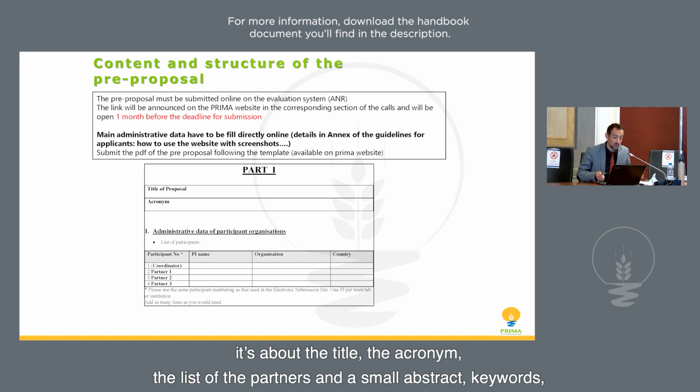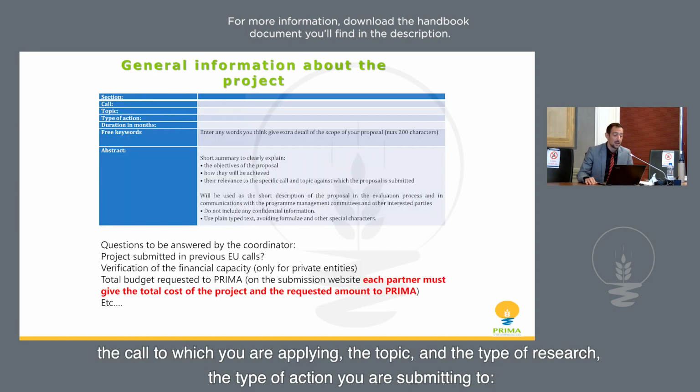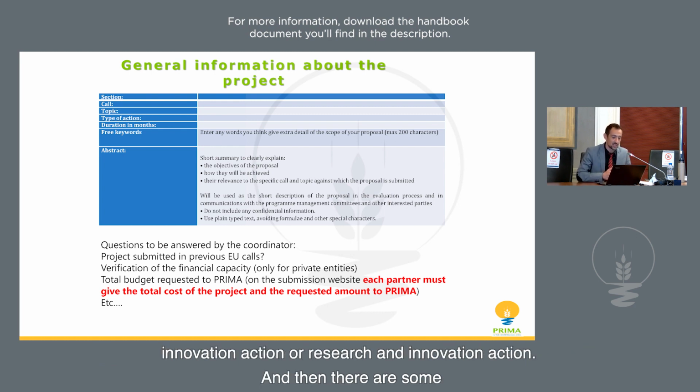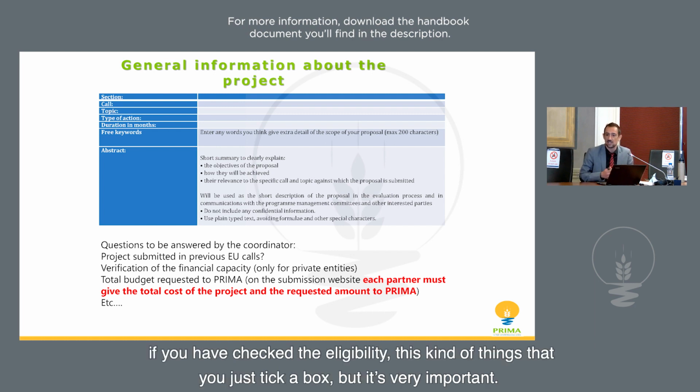It's about the title, the acronym, the list of the partners, and a small abstract, keywords, the call to which you are applying, the topic, and the type of action you are submitting to, innovation action or research and innovation action. And then there are some quick questions asked to the coordinator, if the project has been submitted in the past, if you have checked the eligibility, these kinds of things where you just tick a box.